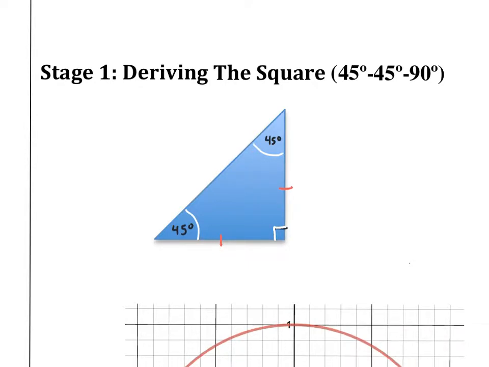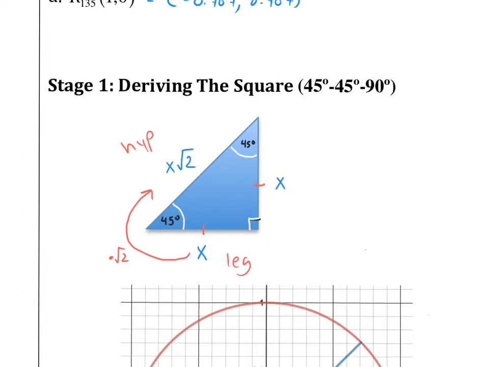So if you recollect, whatever value this is, the other leg is the same. And on top of that, the hypotenuse is just the leg multiplied by radical 2. That's weird. Okay? So if you know the leg, you multiply by radical 2 to find the hypotenuse. Leg to hypotenuse, you multiply by radical 2.